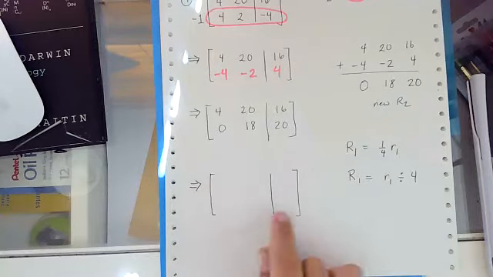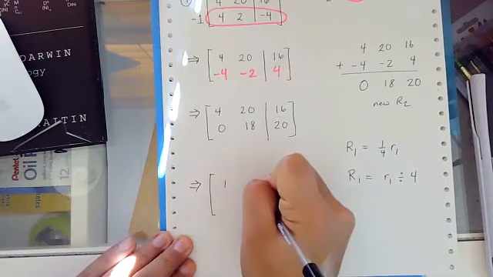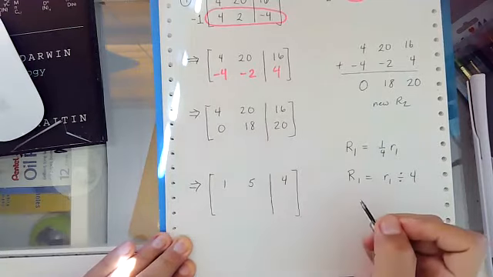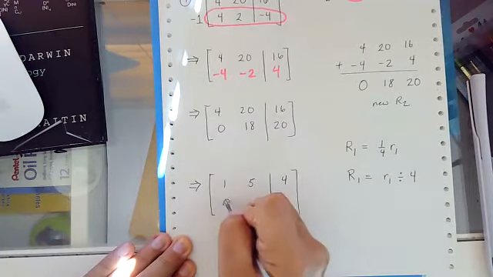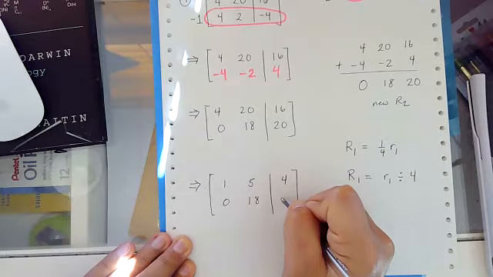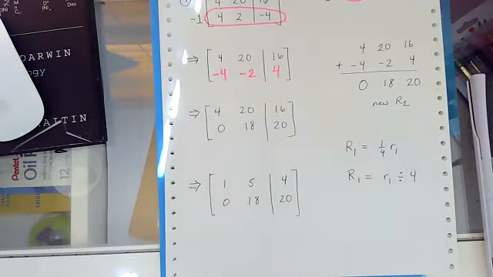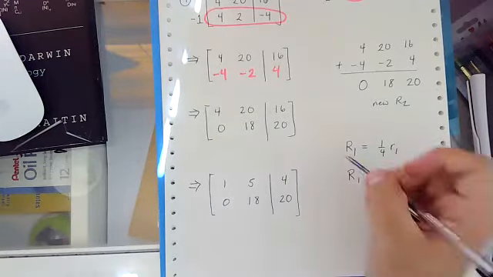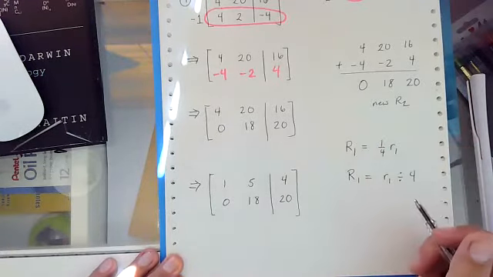So what should this new matrix be? 1, 5, 4 for row 1, and the second row stays the same. Is everybody okay with that? I got the same. Okay.